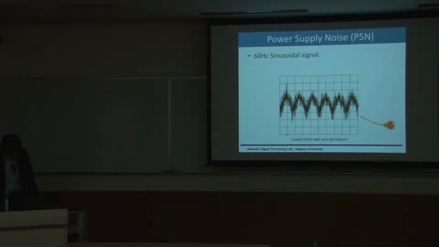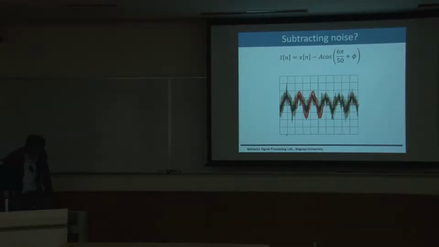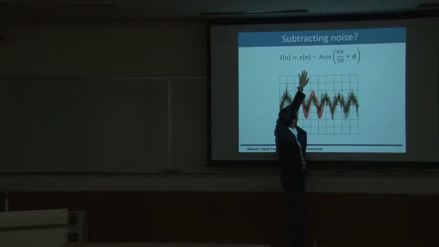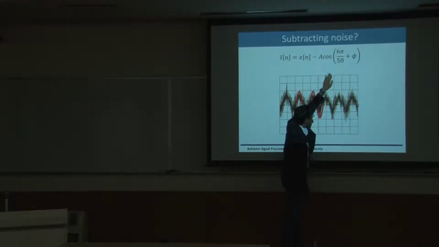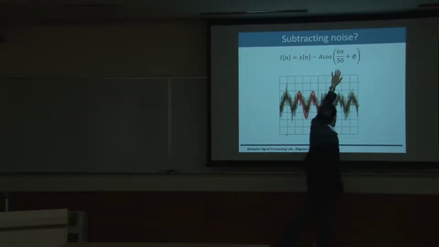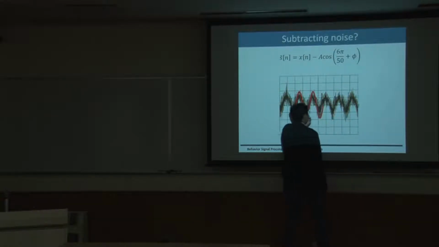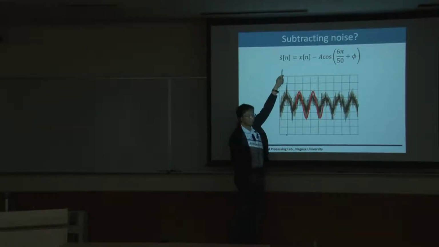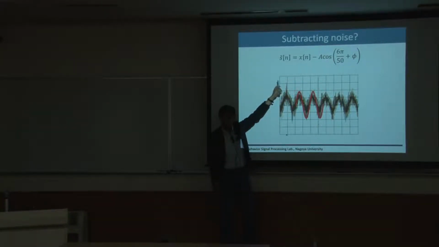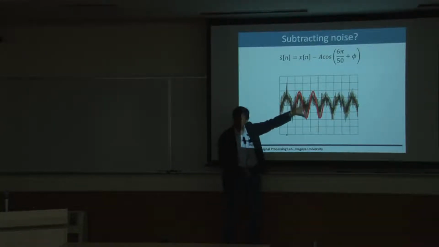Therefore, we can simply subtract the very pure sinusoidal signal like this, which is the 60 Hz sinusoidal signal. When you sample this data at 1000 Hz sampling frequency, then you can estimate the real value. So based on the model, you can eliminate this component.